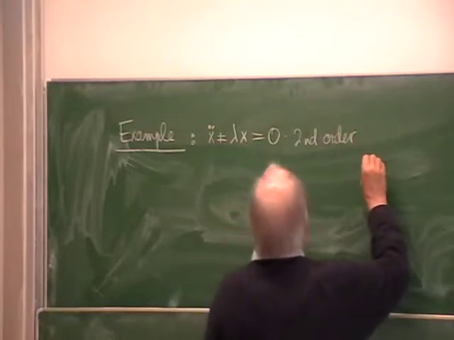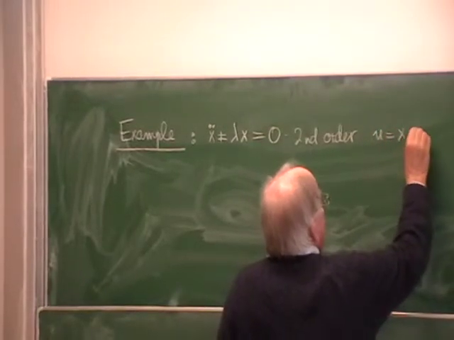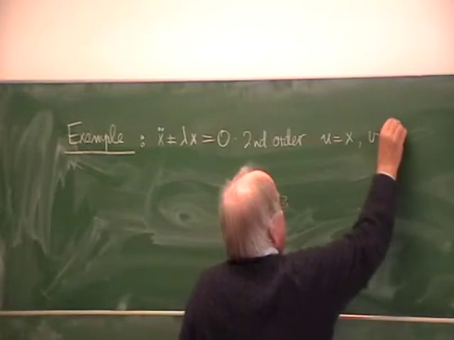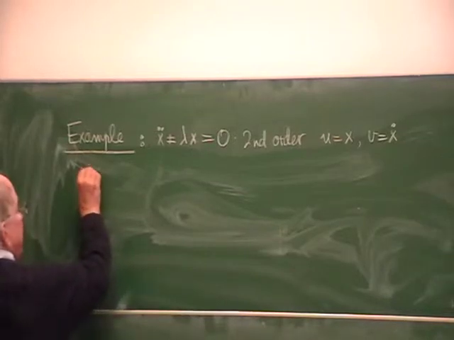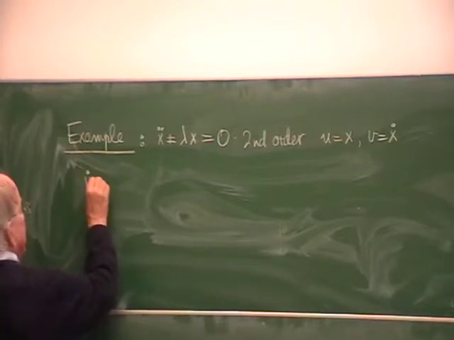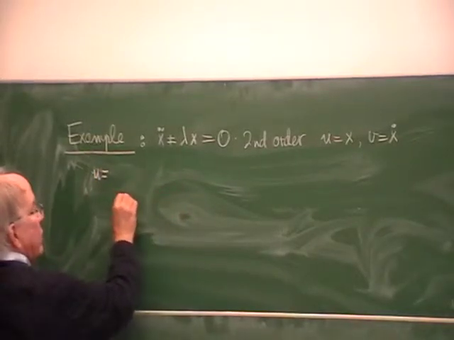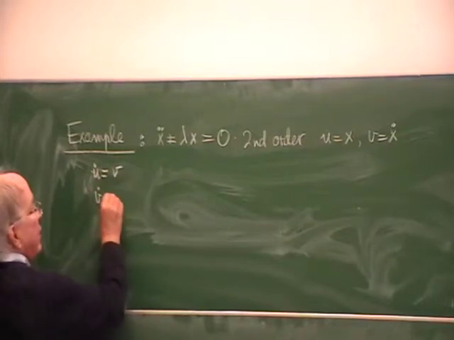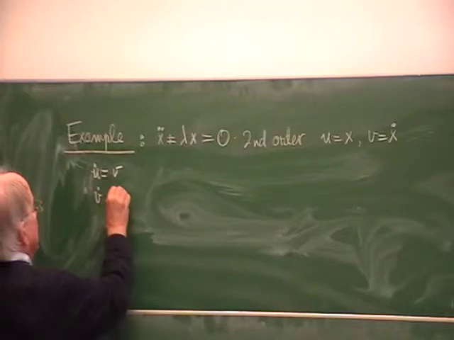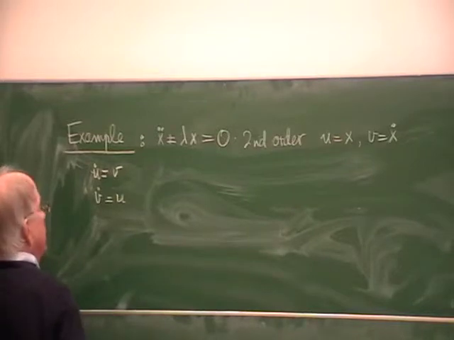What you do here is you let u equal x and v equal x dot, and this thing becomes v. Write it down: u equals x. u dot equals v, and v dot equals minus u, or plus u, well, it depends on the sign.